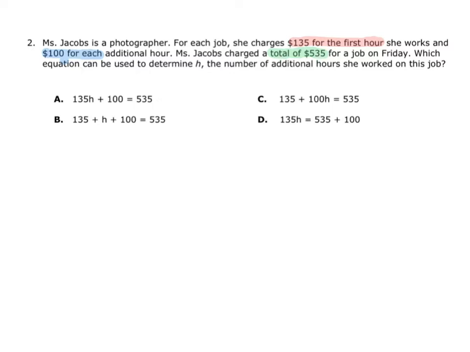So we can see that $135 is our one-time fee. So this is our one time. One time also means B. The blue, 100 for each, is our M, the multiple, the thing that happens multiple times.